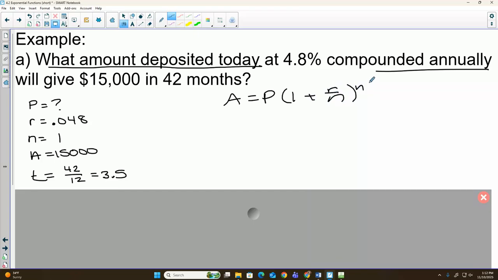So this is my regular compound interest. Plug in what we know. The A is 15,000. I don't know P. R is 0.048. N is 1, times 3.5 power.